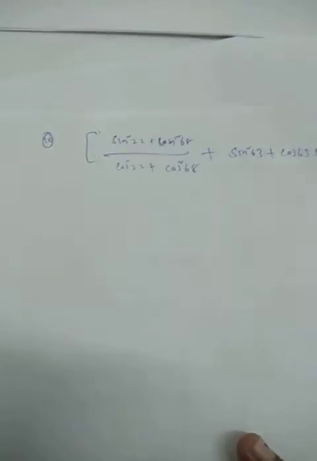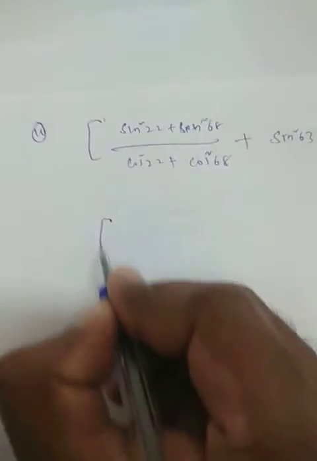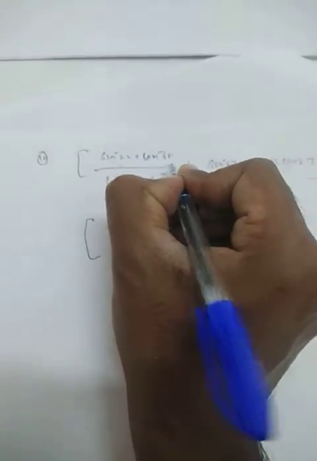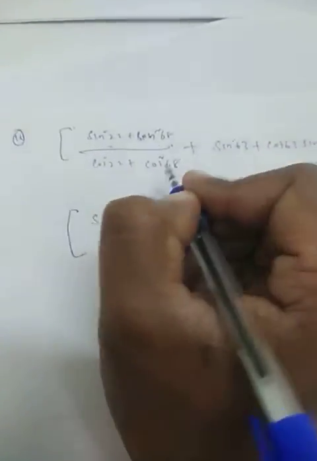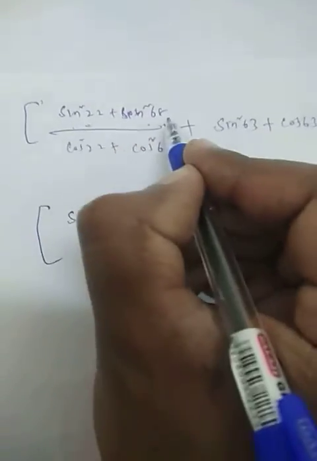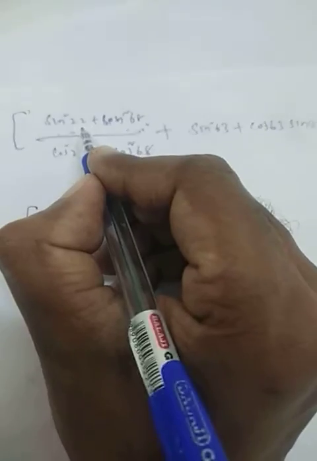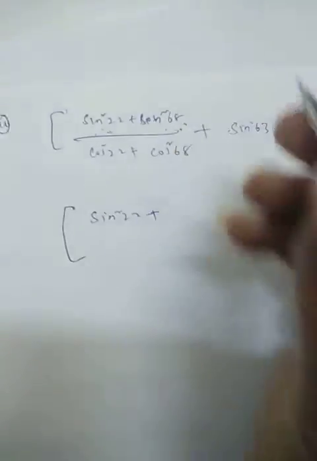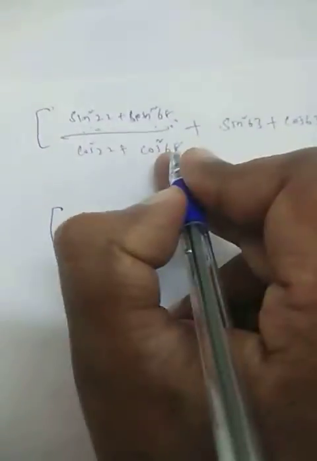How can I do this one? Here, I can write sin square 22. See, 22 plus 68 is 90. When it is sin and sin or cos and cos, and the angles are complementary, and it is either sin square or cos square, then obviously the value will be 1 directly. Here also 22 plus 68 is 90, the value will be 1.